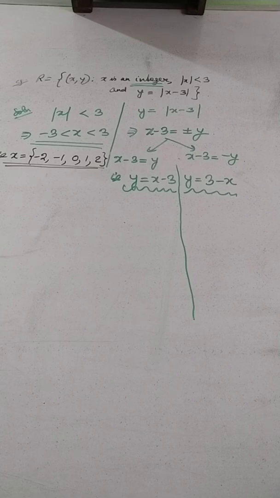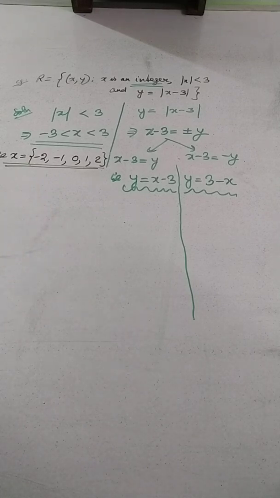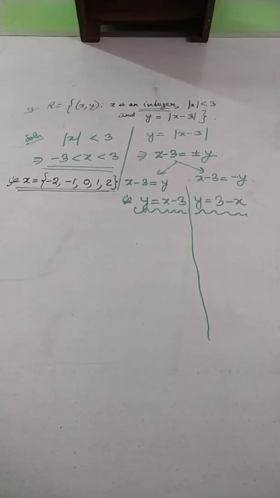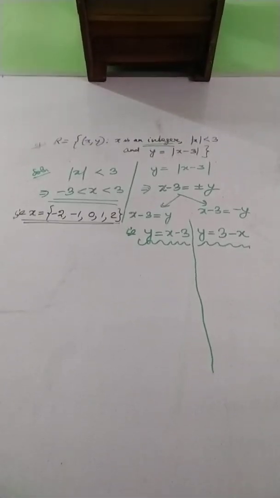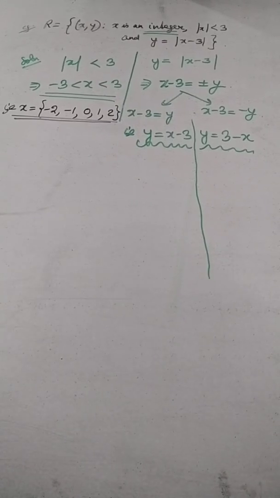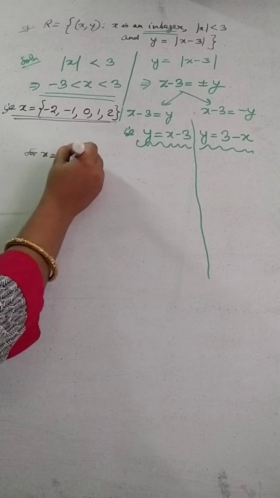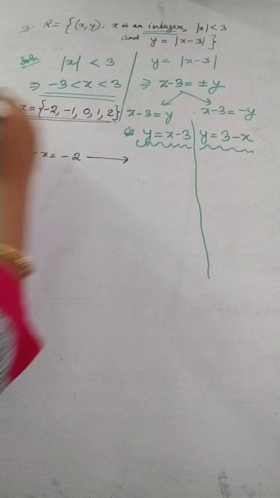We know that x is supposed to be the first components. So for these values of x, what do we get as the values of y? We will see that over here. What is the first value of x? X is minus 2, isn't it? So we take the first value of x, that is minus 2, and write it here. For x is equal to minus 2, what is the value of y over here?